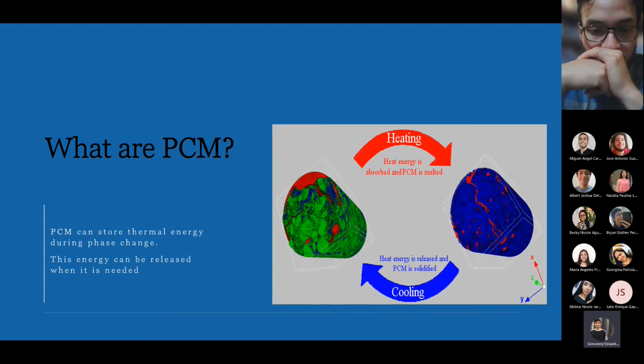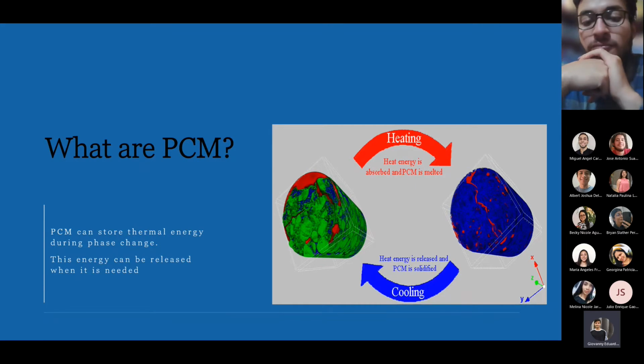PCM can be classified according to the type of the phase change which takes place. This can be solid-liquid, solid-solid, and liquid-gas. The most common type of phase change that is used is the solid-liquid, because the other two have some problems.